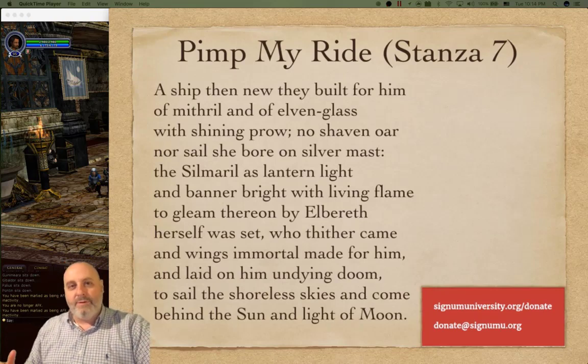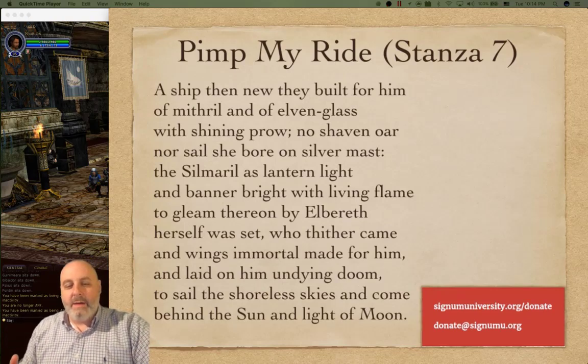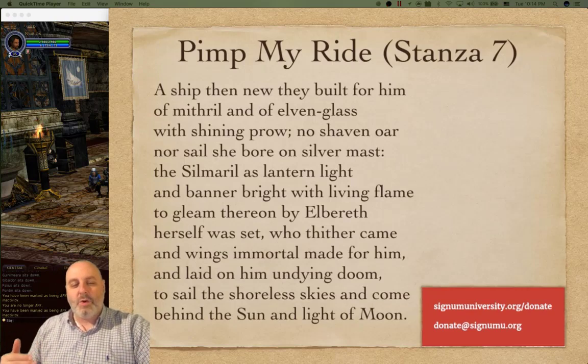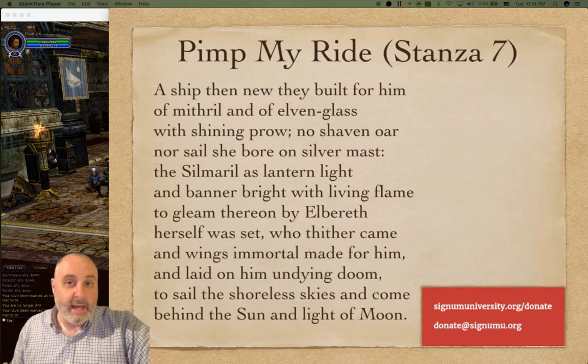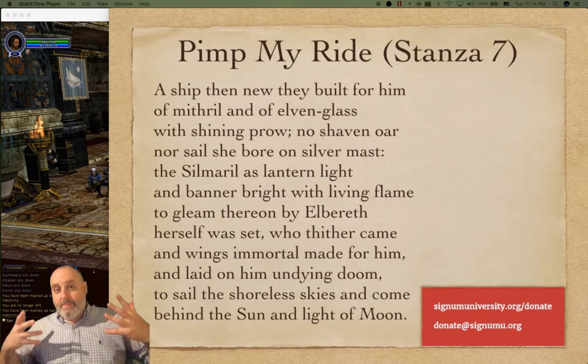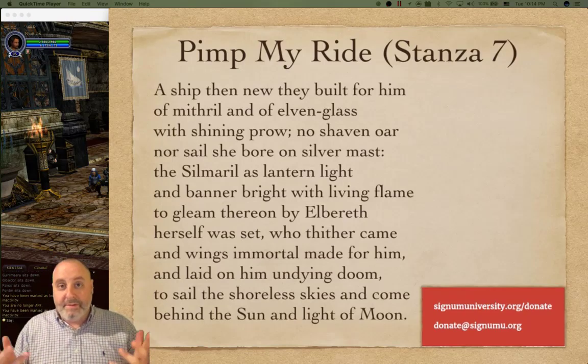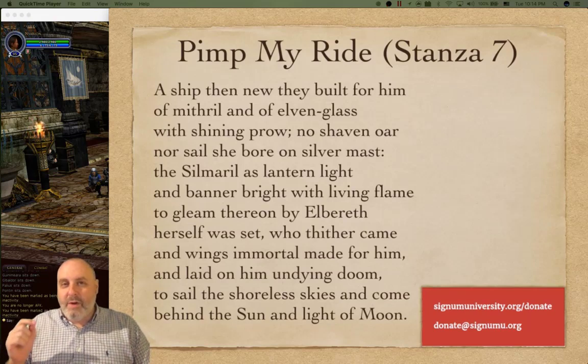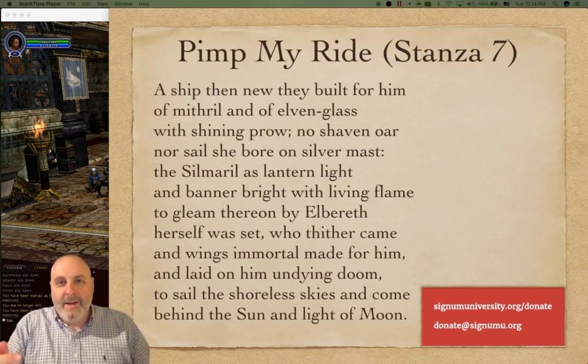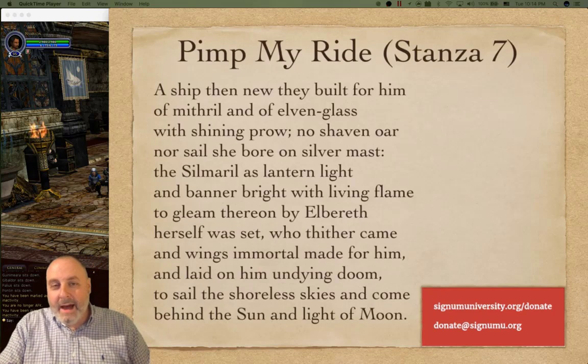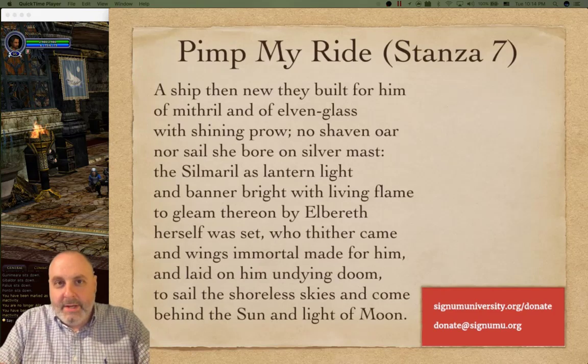But if we then move on, laid on him undying doom to sail the shoreless skies and come behind the sun and light of moon. Again, the ability to fly up into the sky where mortals can't go sounds like a good thing. But when you have undying doom laid on you to do something, the infinitive verb that comes after means this is his doom.